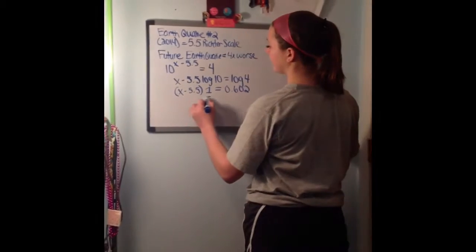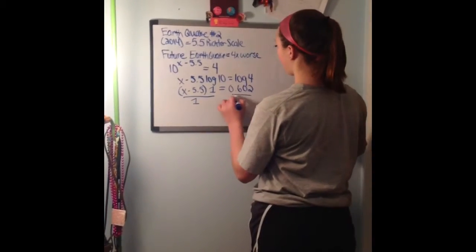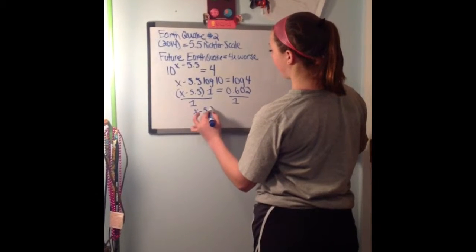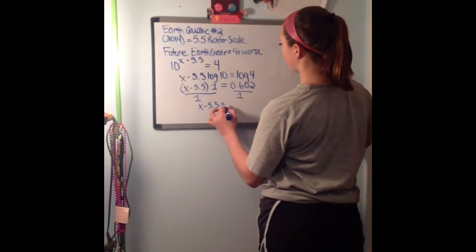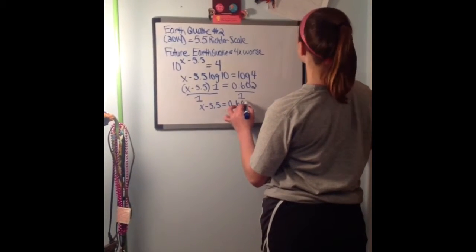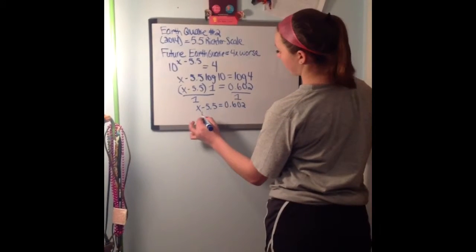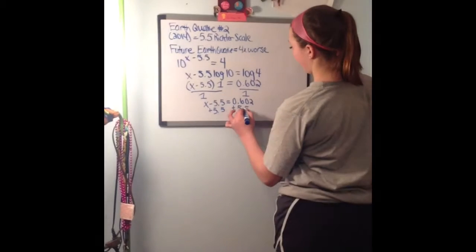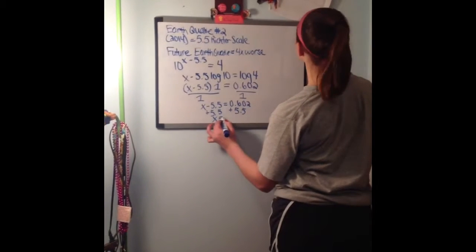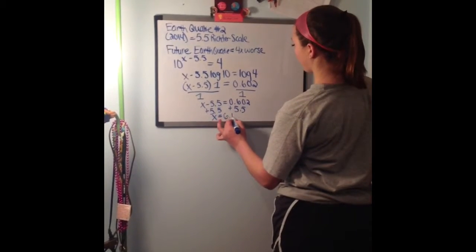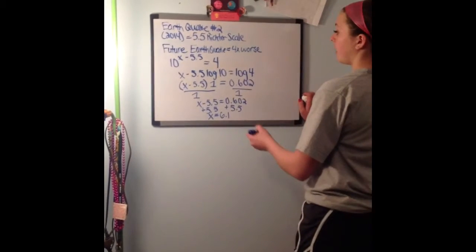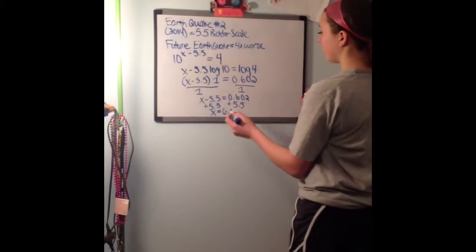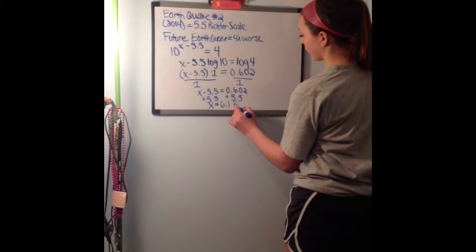We're then going to divide each side by 1, and you're going to get x minus 5.5 is equal to 0.602. We're going to add 5.5 to each side, and x is equal to 6.1. So then we know that if an earthquake was 4 times worse than the one that we had, then it would be a 6.1 on the Richter scale.